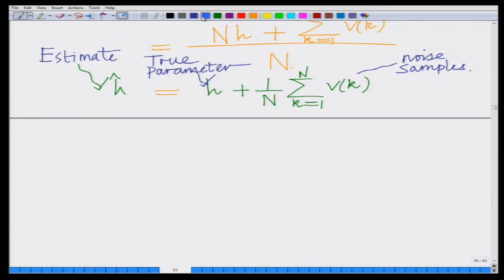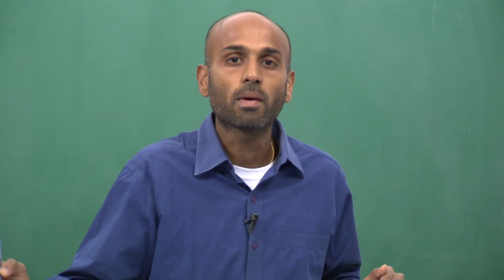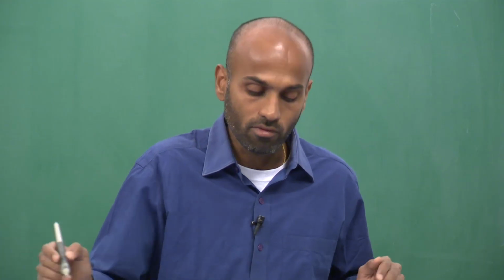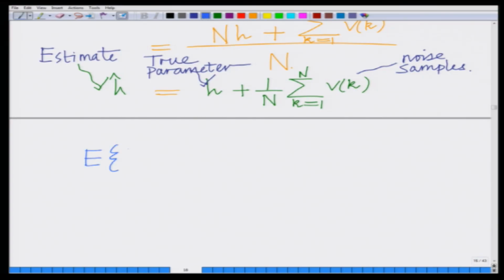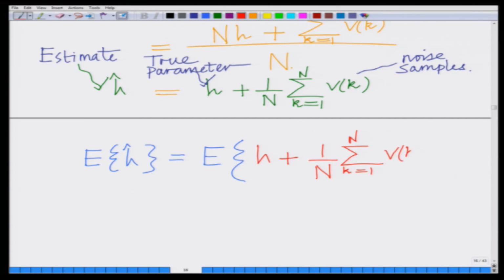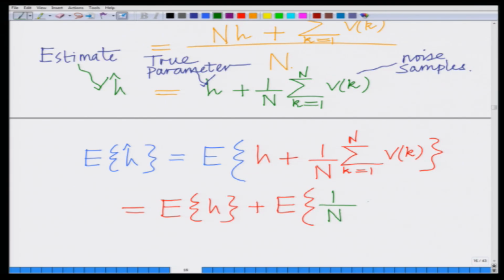Therefore, now if we look at the average value of the estimate h hat, or the expected value of the estimate h hat, it is given as the expected value of the expression above, which is the expected value of h plus 1 over n summation k equal to 1 to n V_k, which is equal to expected value of h plus expected value of 1 over n summation k equal to 1 to n V_k.